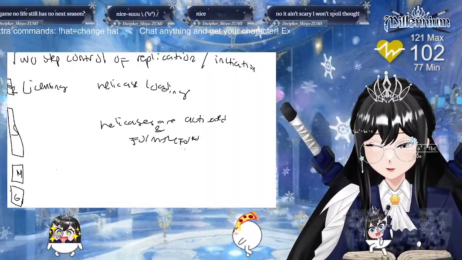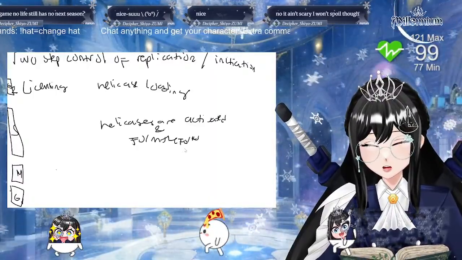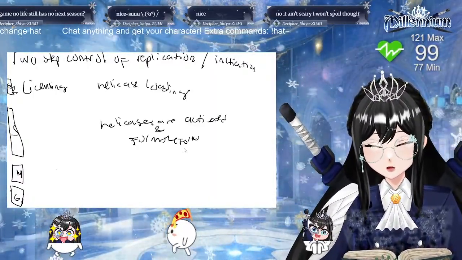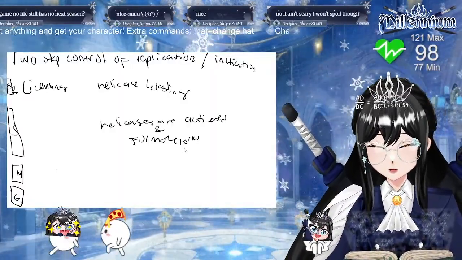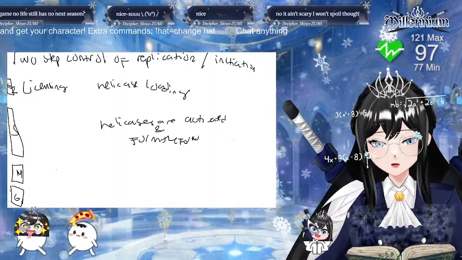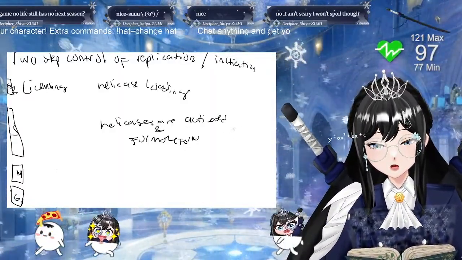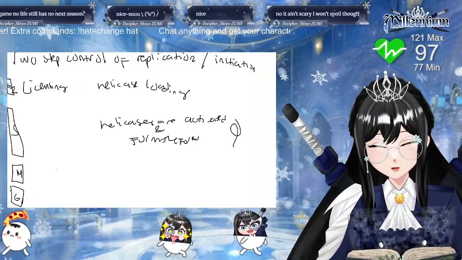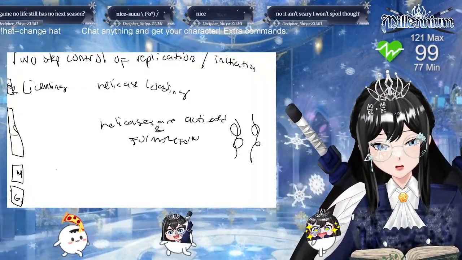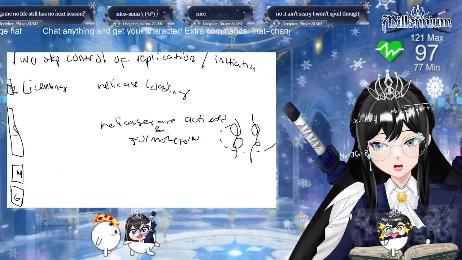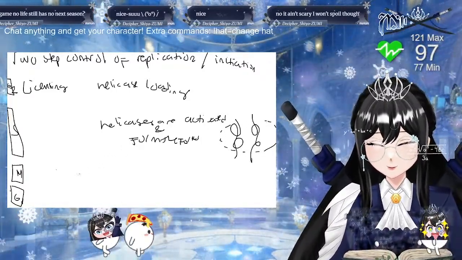Here's the thing. Phosphorylation prevents reinitiation at the same origin until at least the next cycle. And then cohesins hold the sister chromatids together. So let's say there's the DNA, and then you have cohesins going around it.